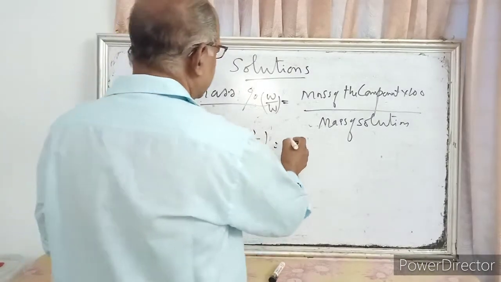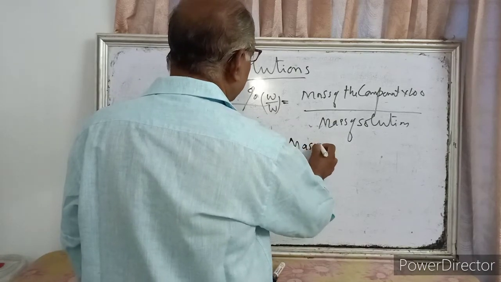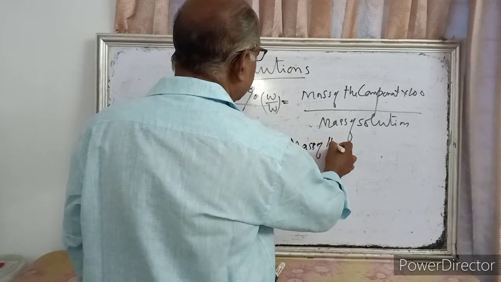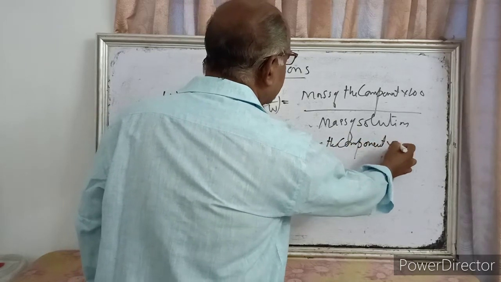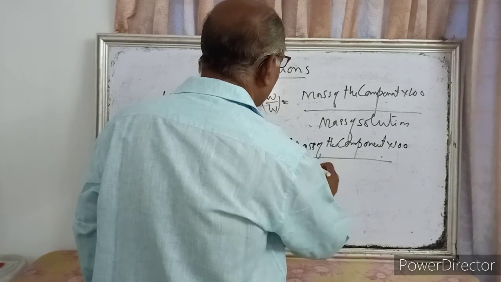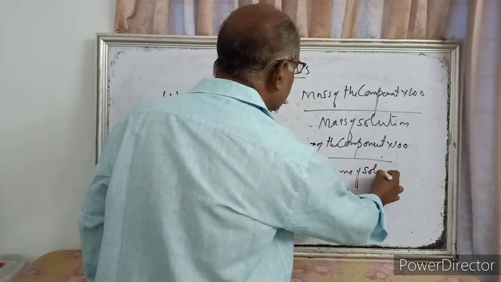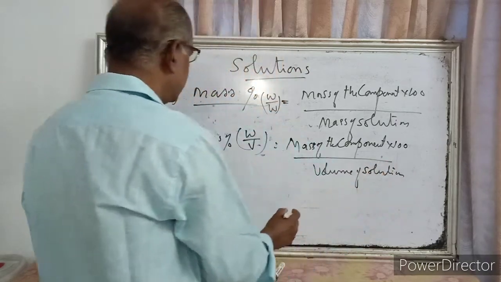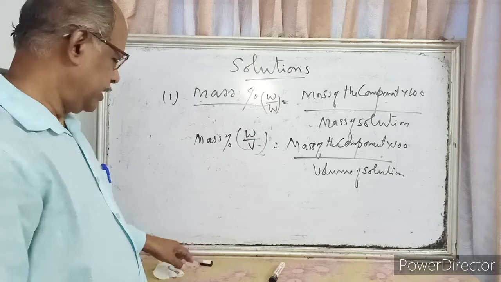So in this case, mass percentage, mass by volume is equal to mass of the component into 100 divided by volume of solution. So that is about the mass percentage by mass and mass by volume.